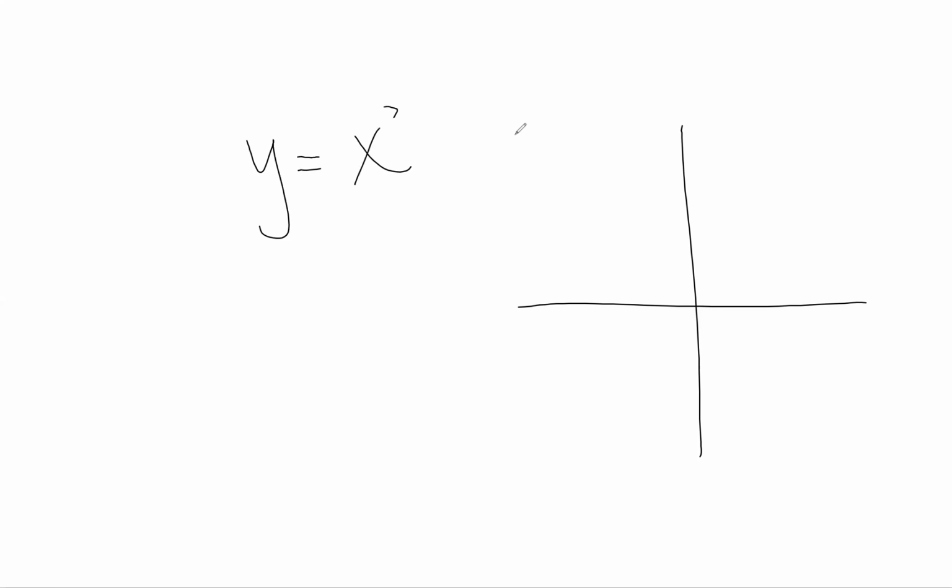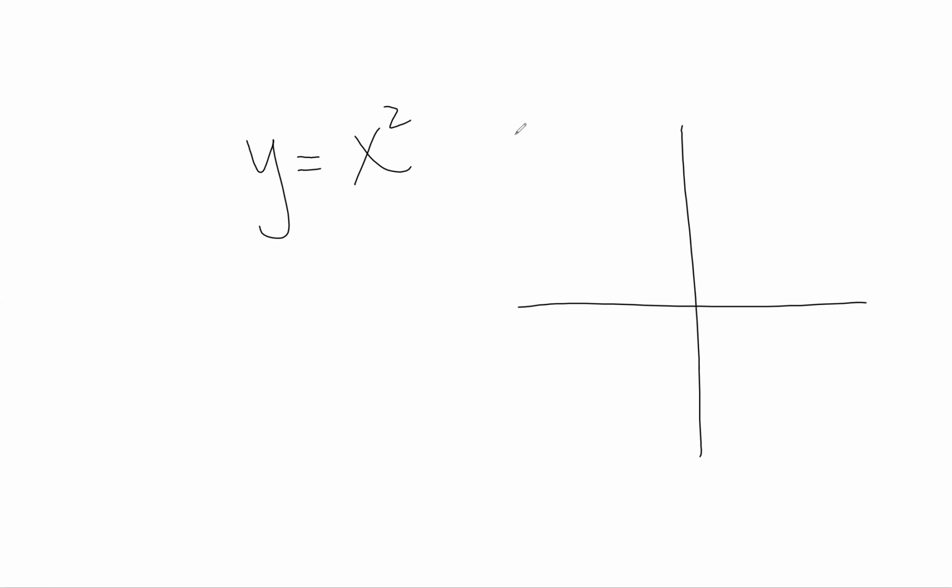Now we've got to talk about one other thing, but let's do something a little different first. Let's graph the equation y equals x squared. That's the most basic graph we can graph, because there are no other letters or numbers, just a 1 in front of the x squared.